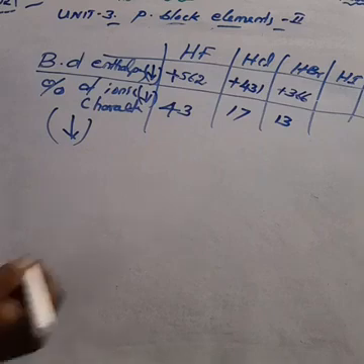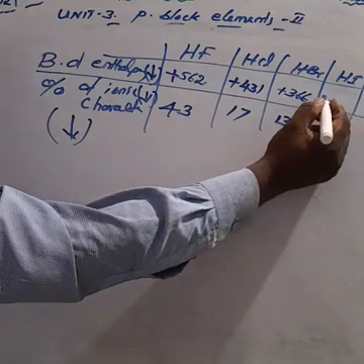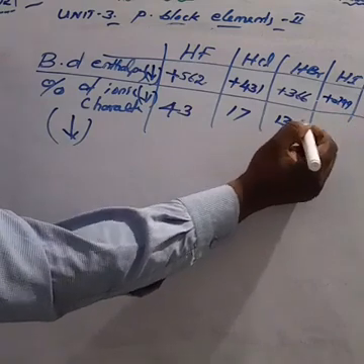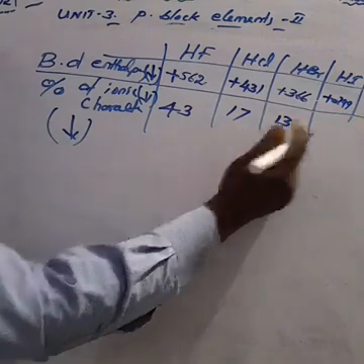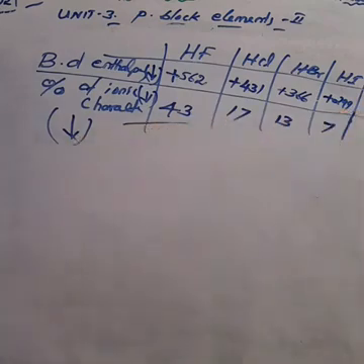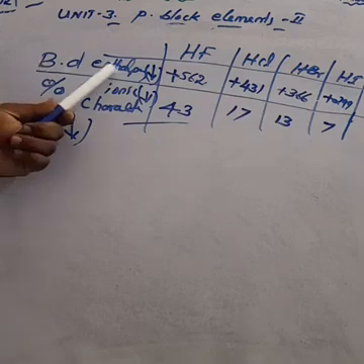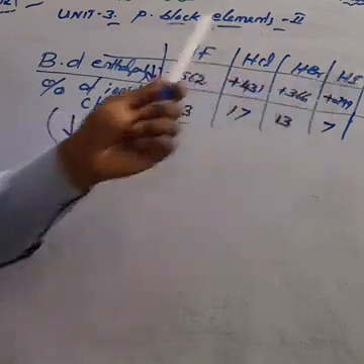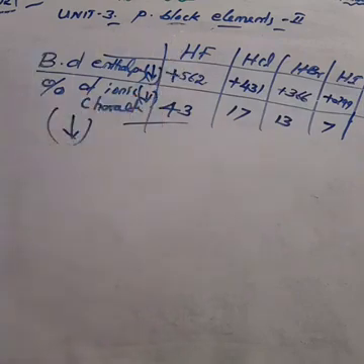The bond dissociation enthalpy of hydrogen iodide is plus 299, and the percentage of ionic character is 7. So don't forget that the bond dissociation enthalpy decreases from fluoride to iodide. This is one of the one-word questions. Try to understand that one.